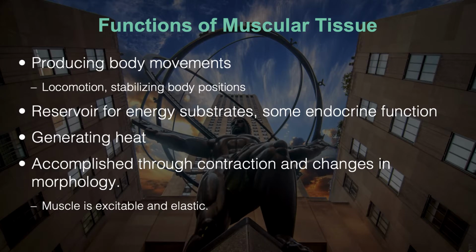And it can move different parts of the body in relation to other parts of the body. So muscle has this unique ability to contract and shorten and generate force. It's excitable. We can turn it on and off. We can do it voluntarily, and we can do it involuntarily. It's really fascinating tissue.